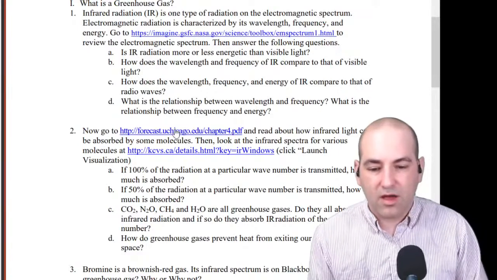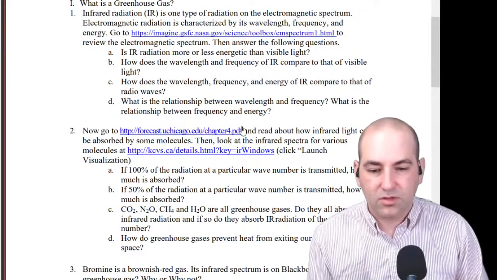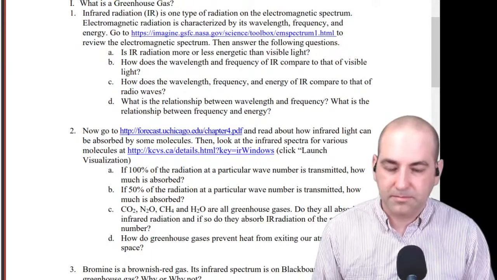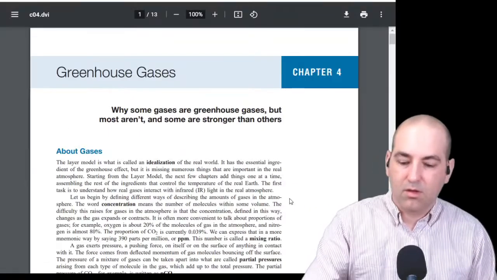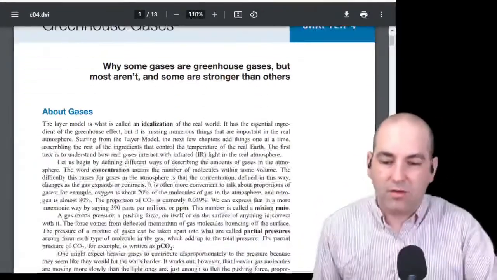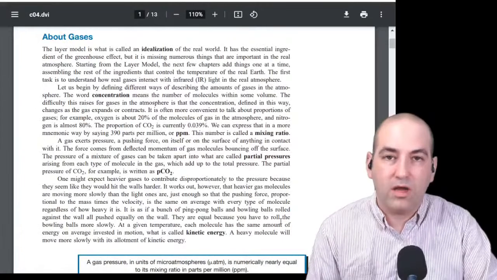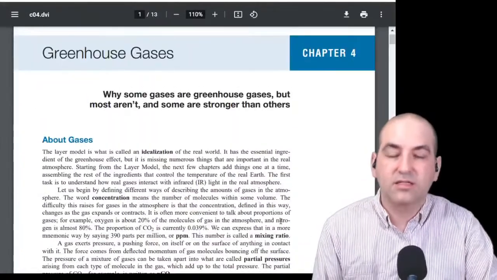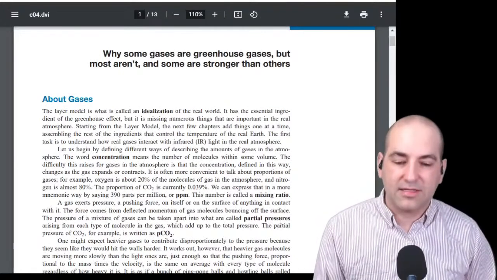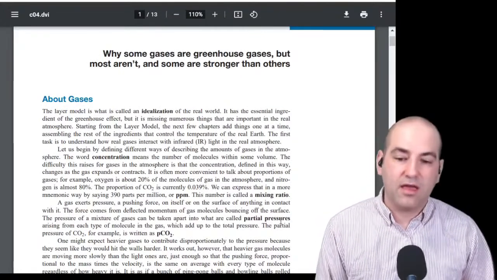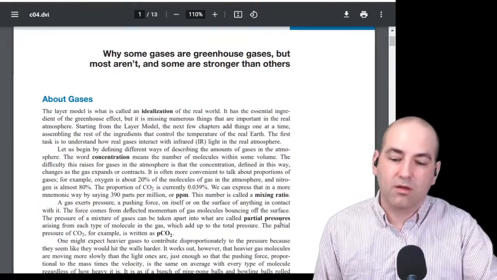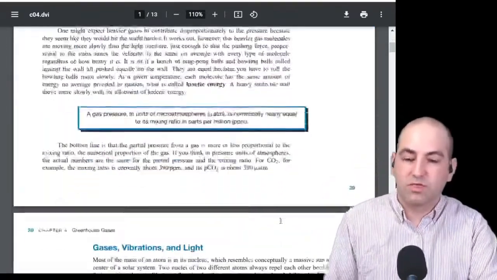Okay, so then you have a link here to another great reference. This one's a little bit longer. All right, this is a chapter from a book that talks about this chemistry and about what it is that makes gases greenhouse gases, and why do we talk about greenhouse gases like carbon dioxide and methane, but not like oxygen or nitrogen. What are those? And it's pretty simple chemistry, actually.